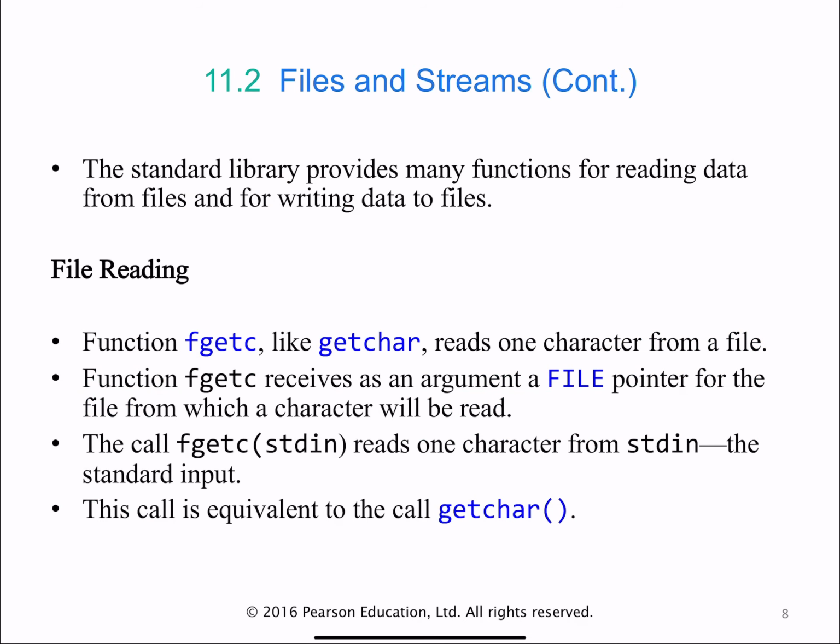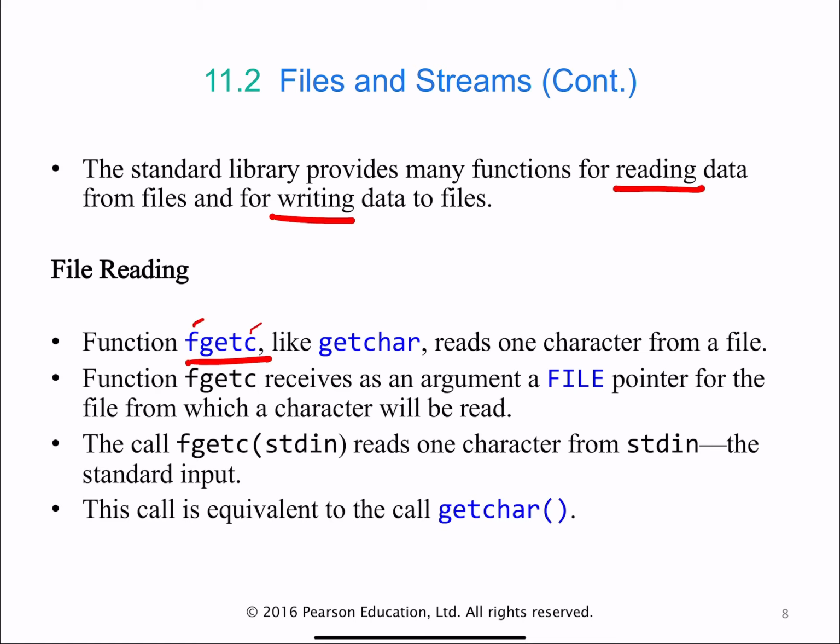Now, the standard IO library has a number of functions that we can use to read data from files and write data to files. Let's talk about file reading functions first. So there's the fgetc function, which gets a character from a file.